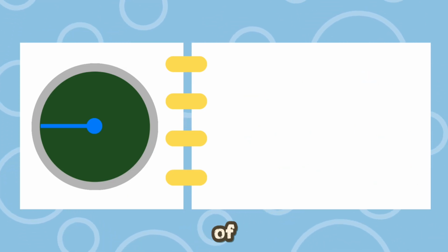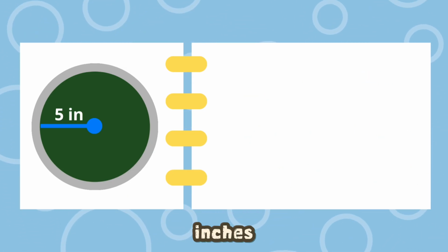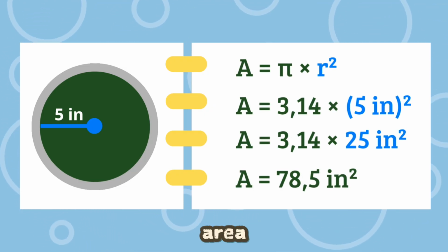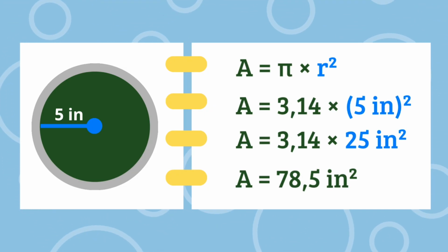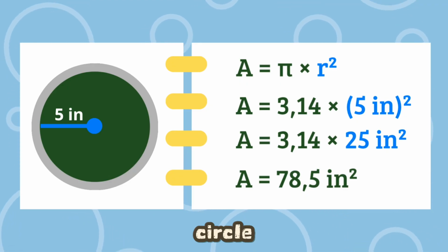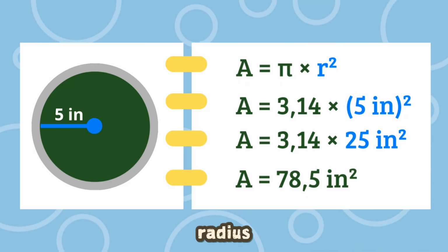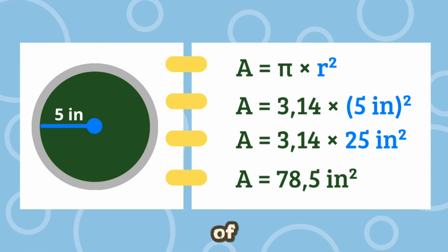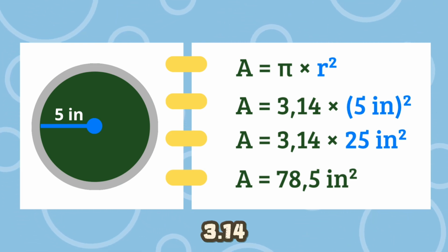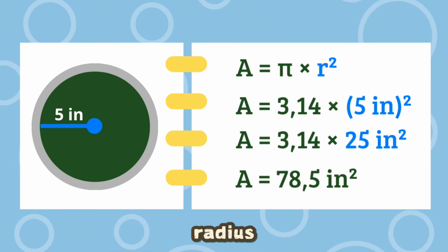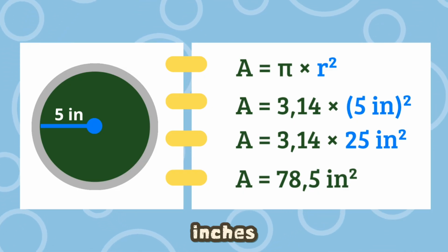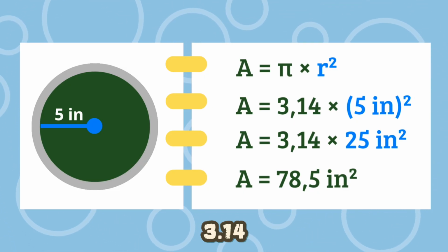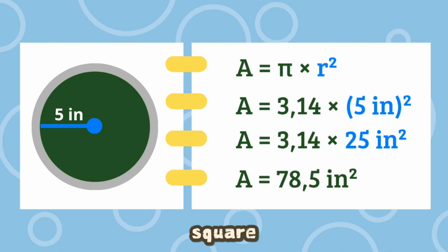The radius of the circle is 5 inches. The formula to find the area of the circle: area equals pi times radius squared, where the value of pi is 3.14 and the radius is 5 inches. Then we multiply 3.14 and 5 squared.